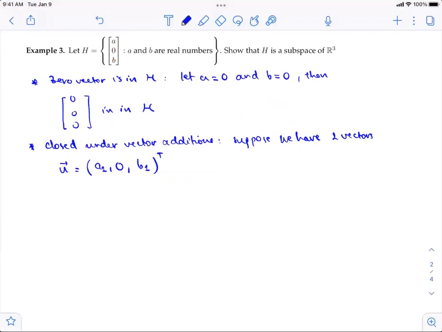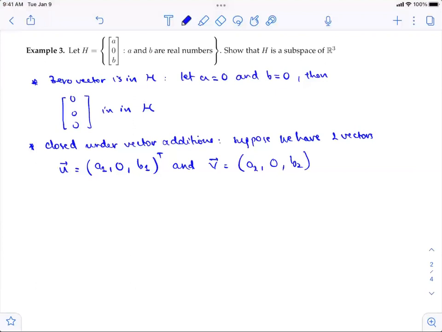It saves me a little bit of space in writing. Why do I choose a1 and b1? Because I try to mimic the form of the vectors in the set. In this set, I have the vector of the form a, 0, b. So I'm going to choose a1 and b1 for vector u, and vector v is going to be of the form a2, 0, b2.